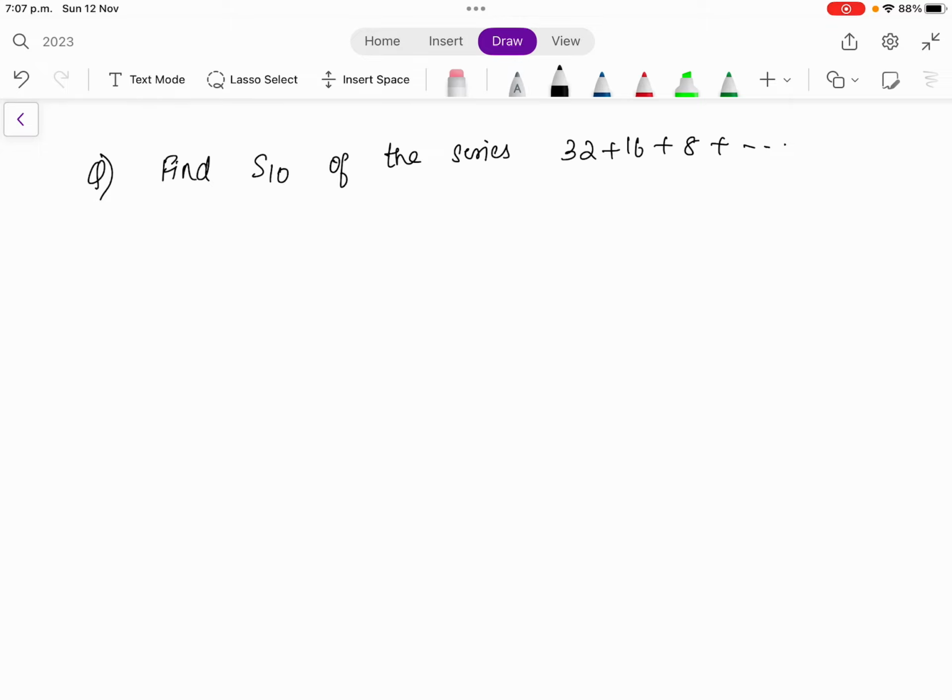S10 means it is the sum of 10 terms of the series. So the general formula is a into 1 minus r to the power of n divided by 1 minus r. In this case n is equal to 10. Now let us find all the other values.